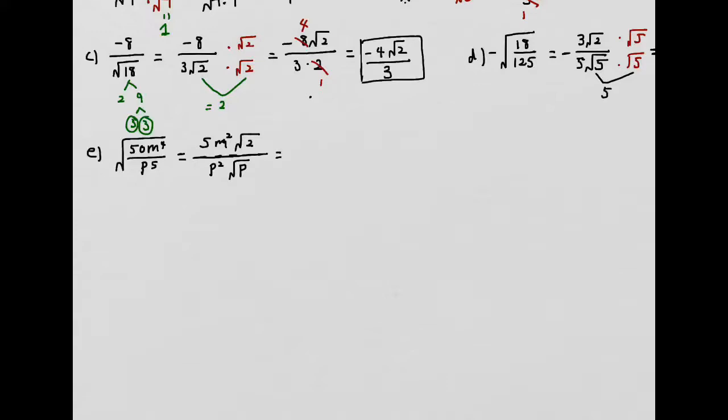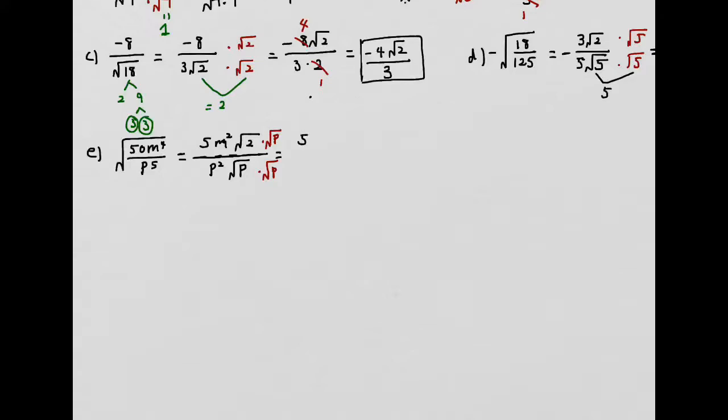So we apply the steps for simplifying radicals, right? So we get that. And then let's see what we need to multiply to get rid of square root of p from the denominator, right? So in order to get rid of square root of p, you're going to multiply square root of p on the numerator and denominator. So you are multiplying by 1, not changing the given expression, right?